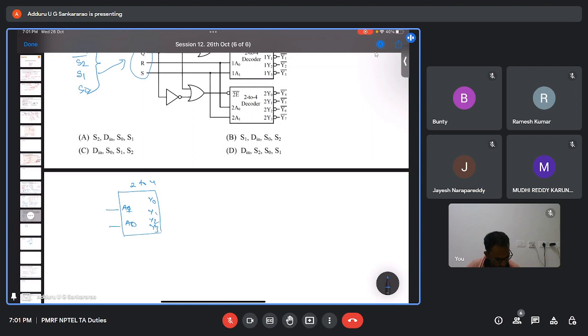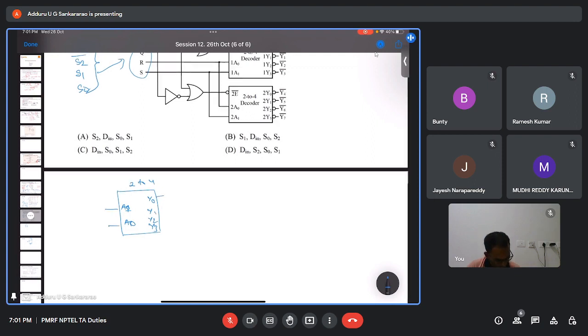Based on the binary inputs, any one of the outputs will be active. If it is active high, for inputs A1, A0 equal to 0 1, its decimal equivalent is 1, so Y1 will be active high and the remaining will be zeros. Suppose the inputs are 1, 1. Then all the outputs are 0 except Y3, which is 1. This is for active high outputs.